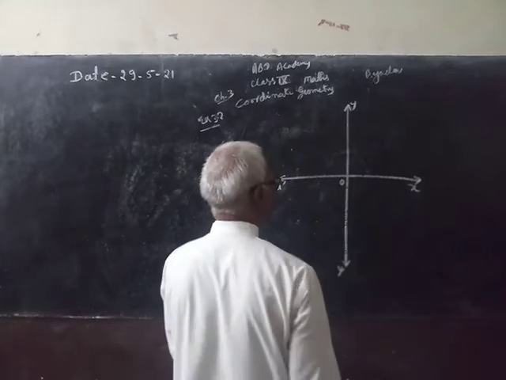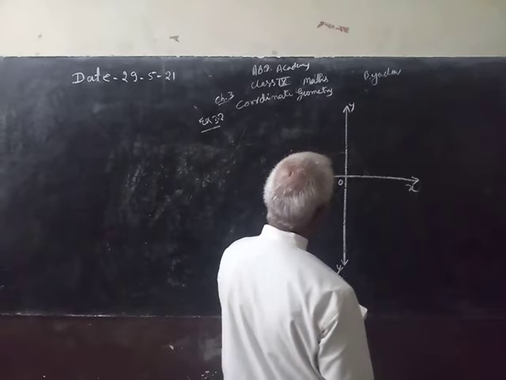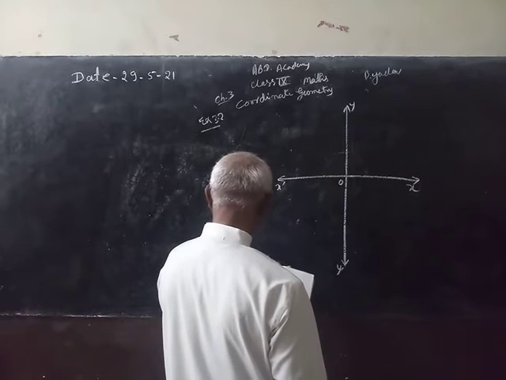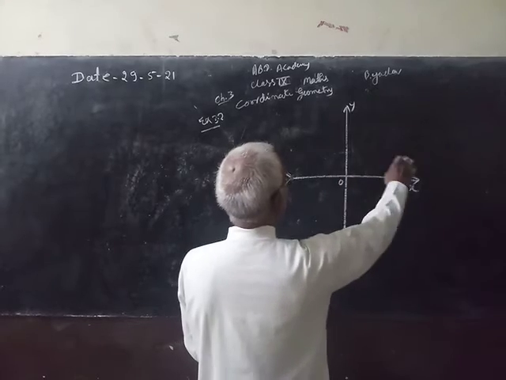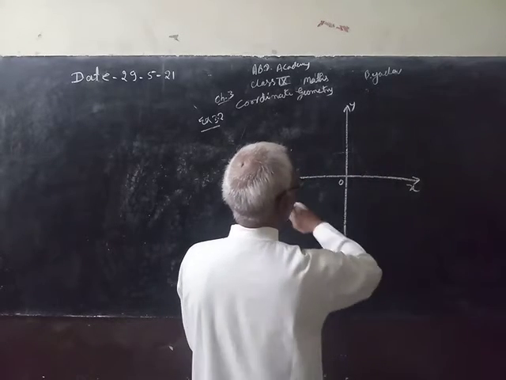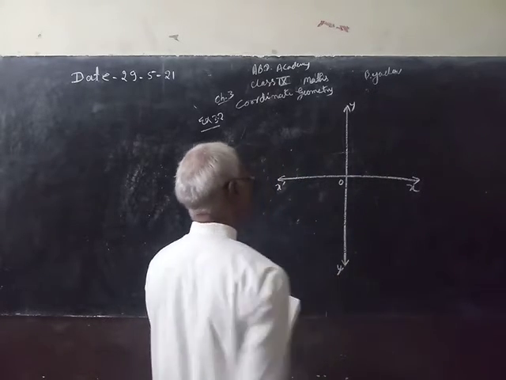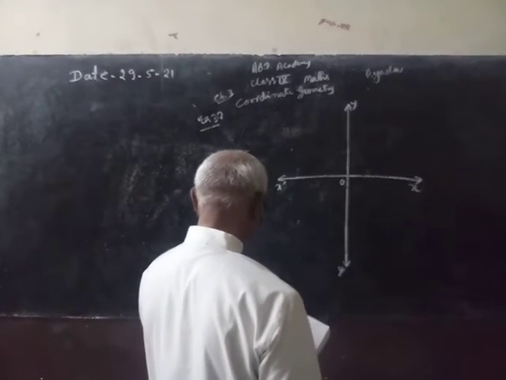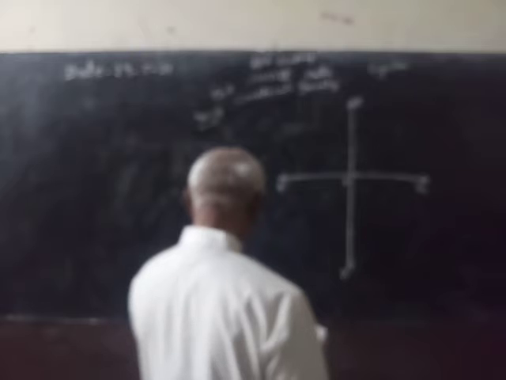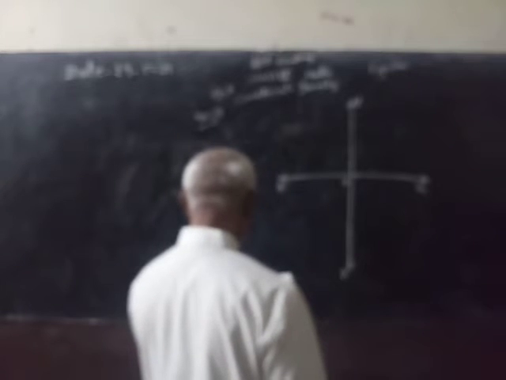You have done this in class. So the name of horizontal lines: horizontal means parallel to the x-axis, so they are called lines parallel to the x-axis. And what is the name of each part of the plane formed by these two lines?